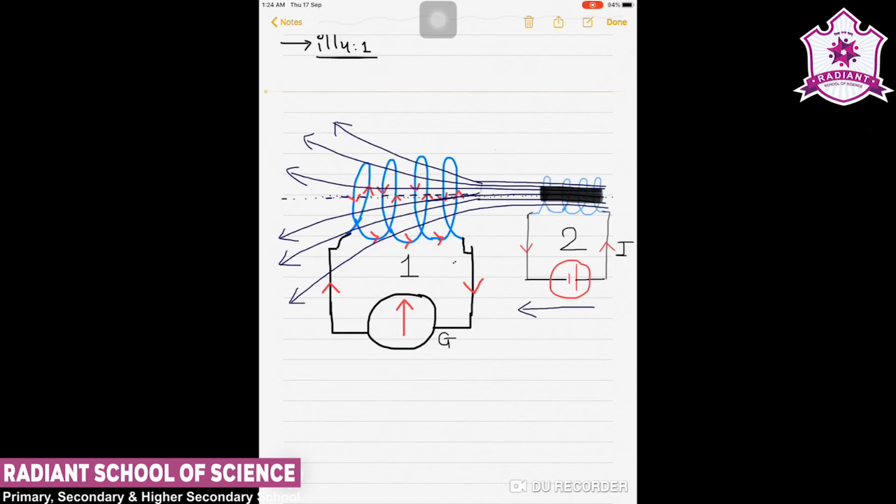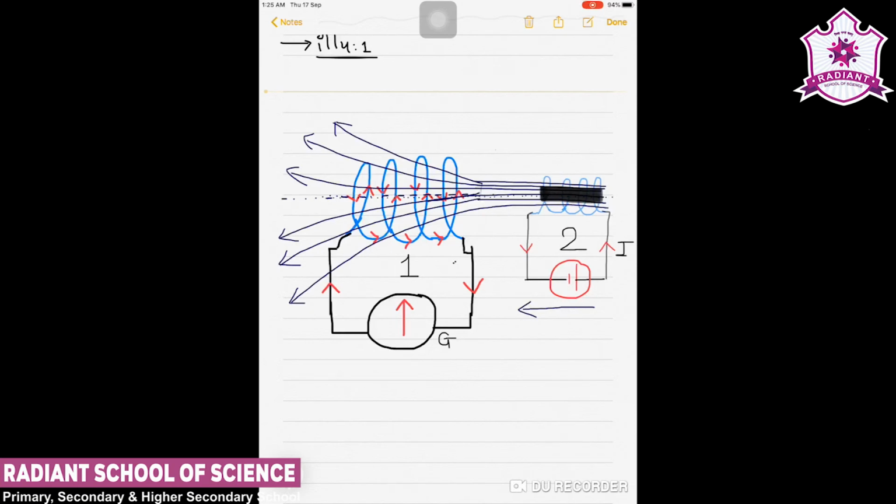If we move it towards coil 1 rapidly, it will increase the rate of change of magnetic flux, and due to that the induced EMF will also increase, and it will increase the current inside it. So these are three possibilities. You can do other things also, but these are the basic three things we can do to increase the deflection of the galvanometer in coil 1.